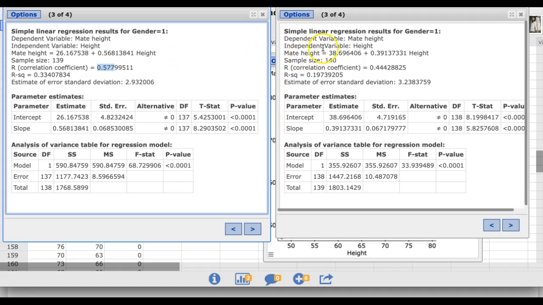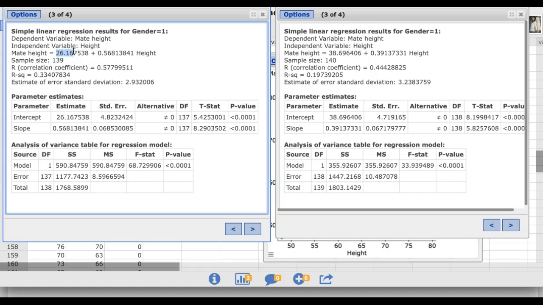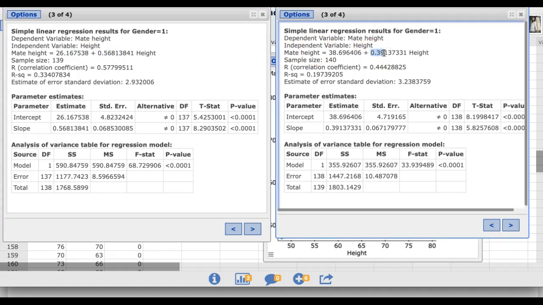Here my y-intercept was 38.69, and here it was 26.16, a big difference in the y-intercept estimate. And for the slope, I go from 0.56 to 0.39. So we get completely different numbers just by removing 1 point.